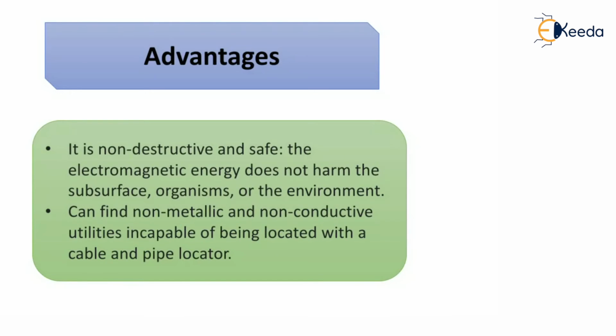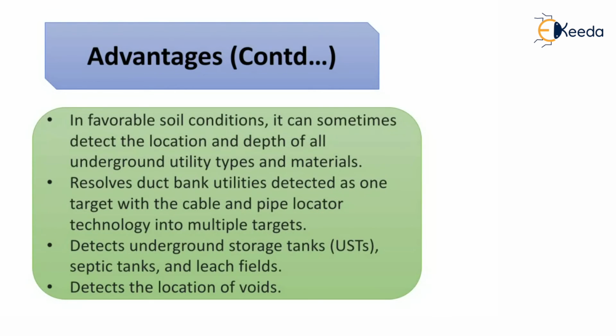It can find non-metallic and non-conductive utilities which cannot be located otherwise. In favorable soil conditions, it can sometimes detect the location and depth of all underground utilities and different types of material.